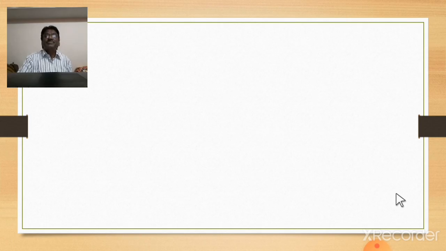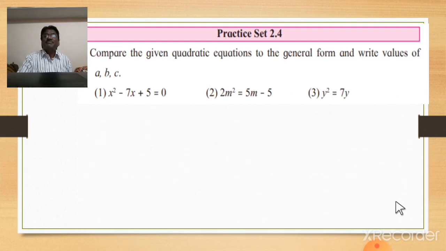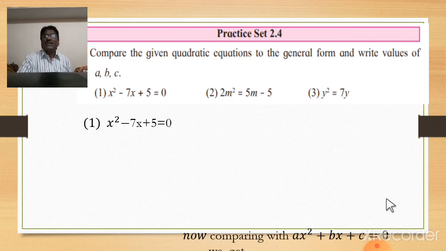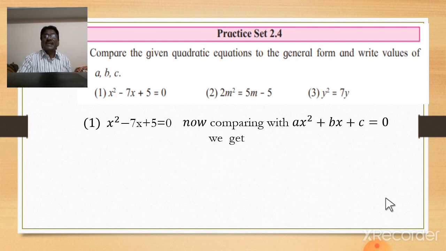Now let us see the first example in practice set 2.4, and that is x square minus 7x plus 5 is equal to 0. This equation is in the form ax square plus bx plus c is equal to 0. Therefore, now we compare with ax square plus bx plus c is equal to 0.